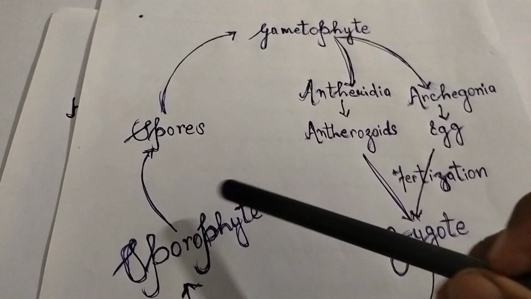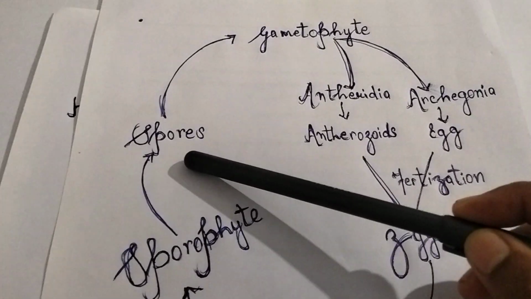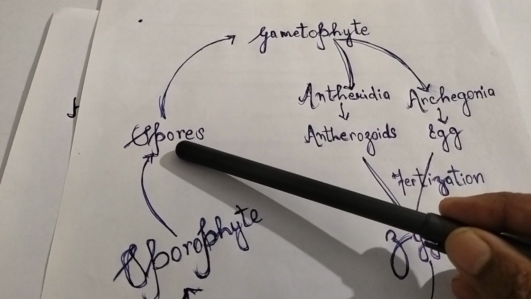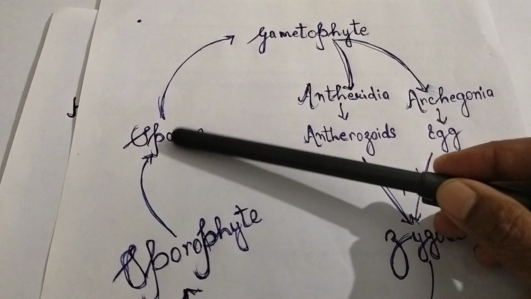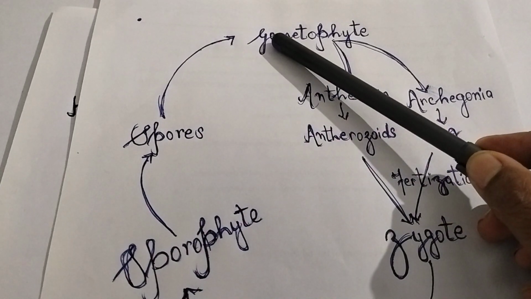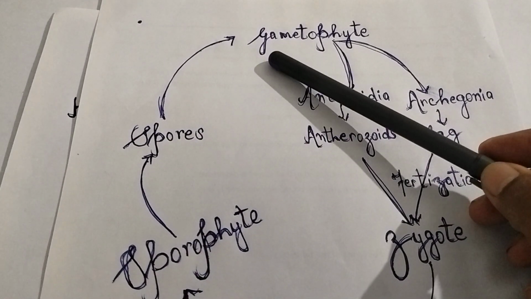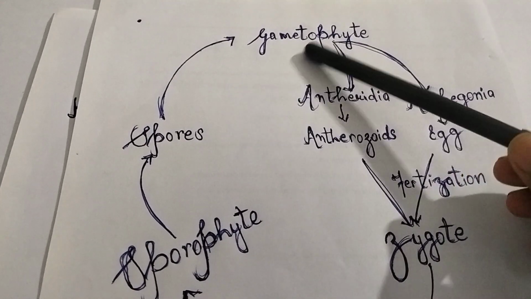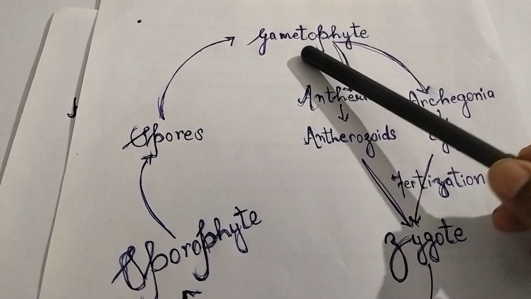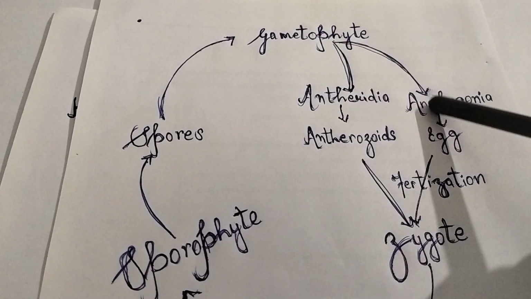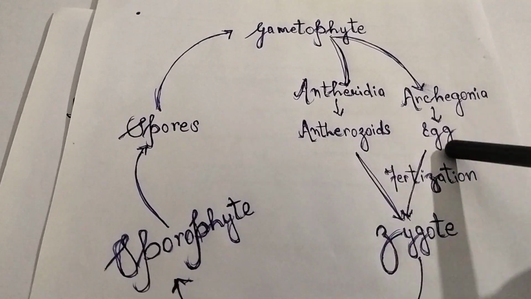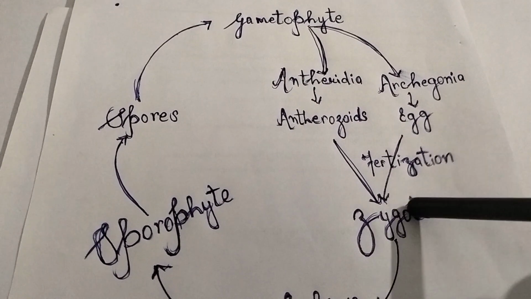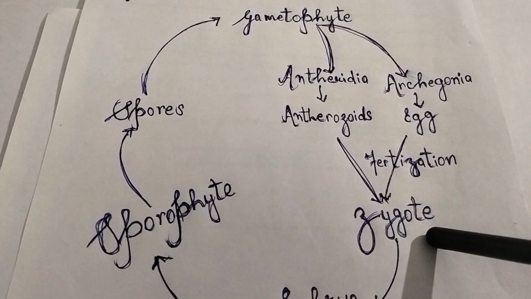Inside the sporangium, spore mother cells are present. Spore mother cells will undergo meiosis to form spores, and these spores will develop into gametophyte, a new plant body. See, gametophyte is haploid, male and female sex organs, male and female gametes are haploid. Haploid gametes fertilize to form zygote, diploid.